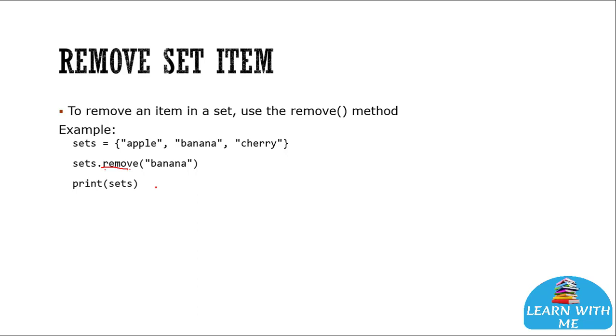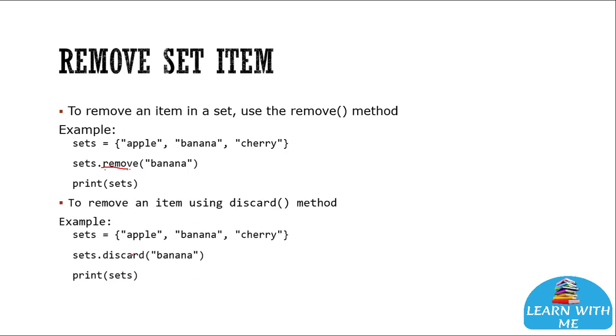The second is the discard method, which can also remove an element from the set. The key difference between these two is that if the item isn't present and we use the remove method, it gives an error saying that the element is not present.